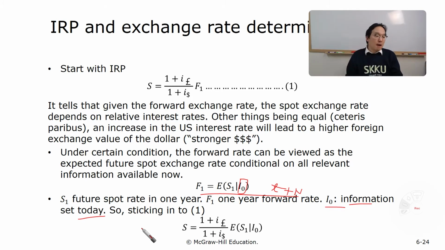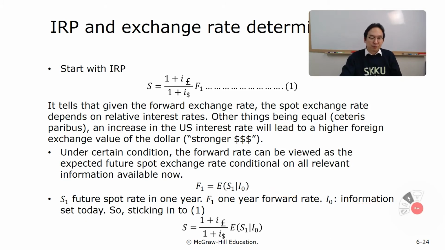So sticking to equation 1, what we get is spot rate is 1 plus foreign interest rate over 1 plus domestic interest rate times the expected future spot rate, given the information set today.